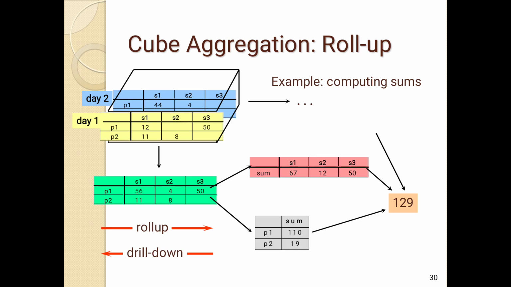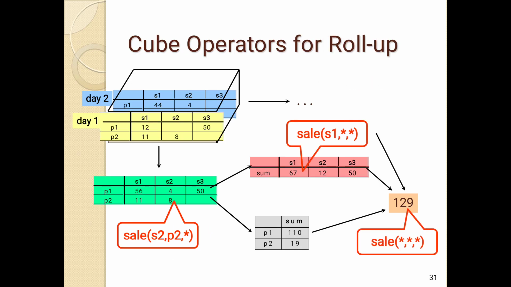Actually, guys, I'm just talking about the stores only, store 1, store 2, store 3, whatever the product may be. So the sum will be 67, 12 and 50. So totally we are getting 129, right? And also you calculate the sum for each product. So you calculate for each store and also for each product. That is a roll up. So here see cube operations for roll up.